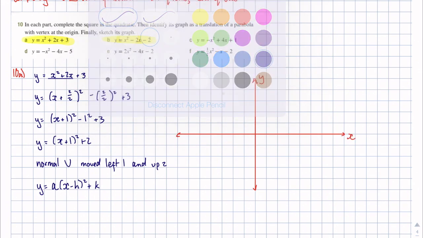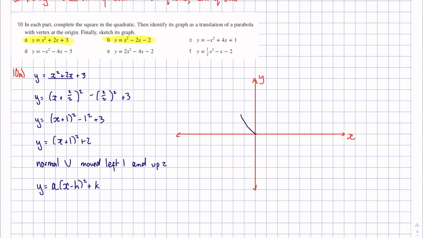So our normal quadratic looked kind of like this, but this one has been moved left 1 and up 2, so now its turning point is here instead of down here.